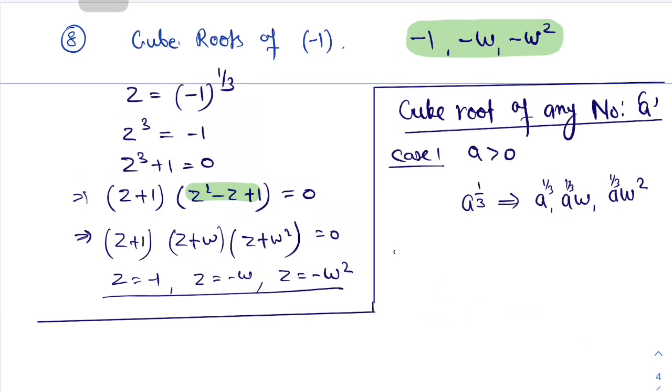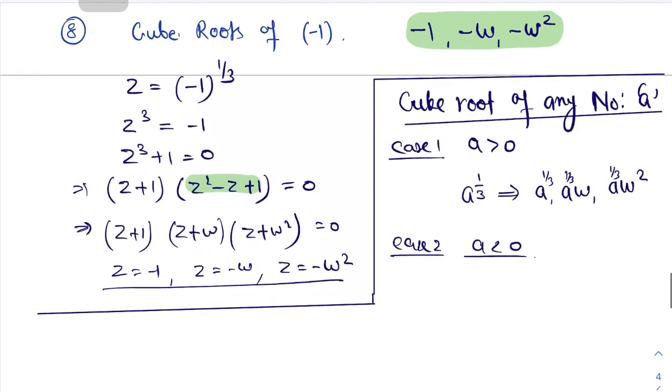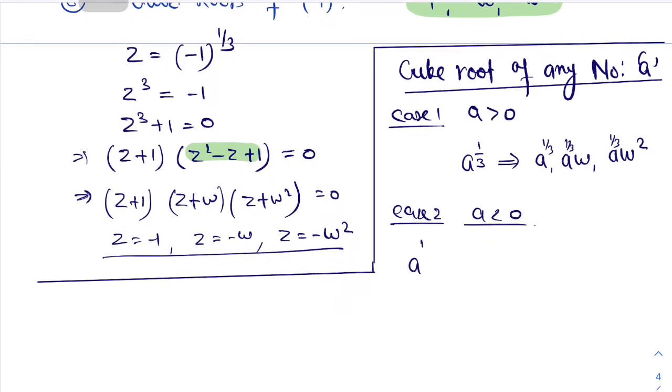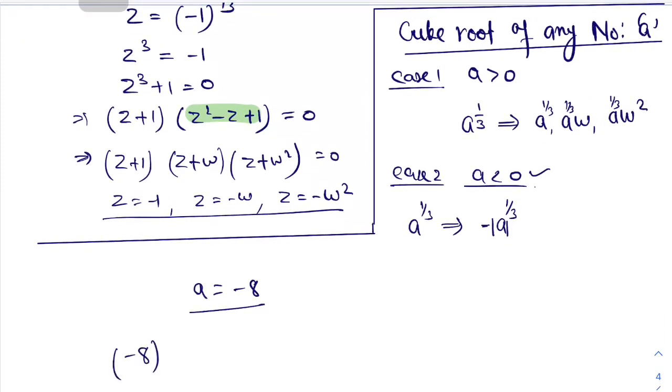and the second case may be when a is less than 0. Okay, when a is less than 0, then the cube root of a will be again minus times cube root of a, let me take the absolute value. Okay, if a is negative, let's say a is equal to minus 8, so we are required to find the cube root of minus 8.